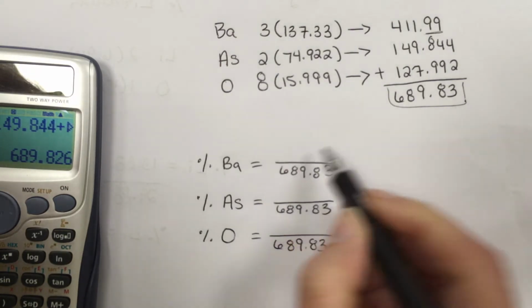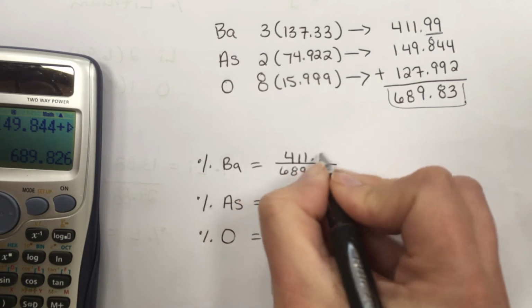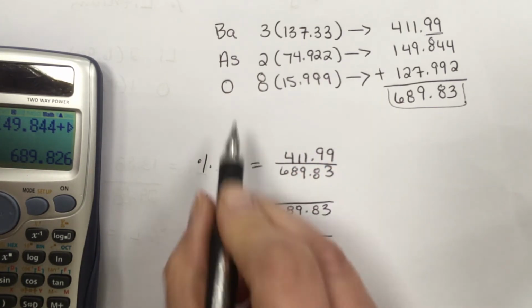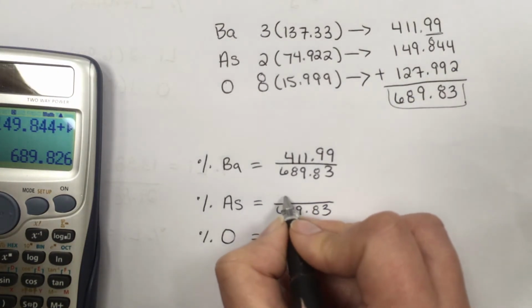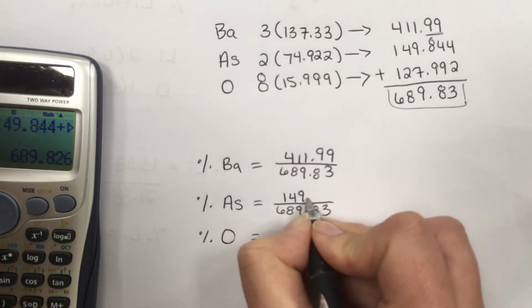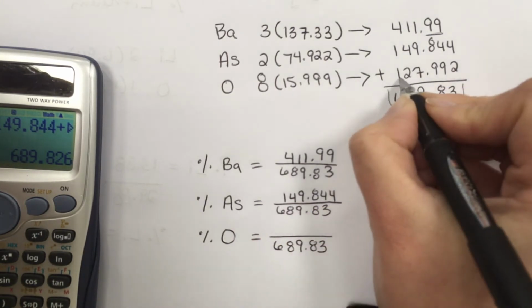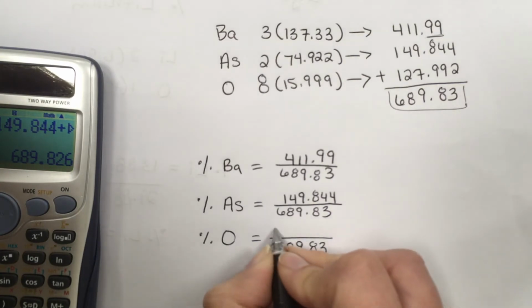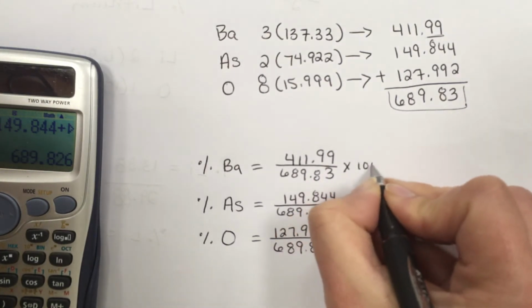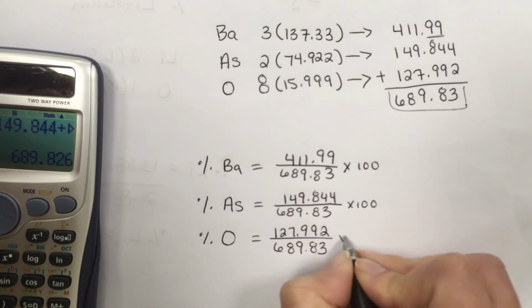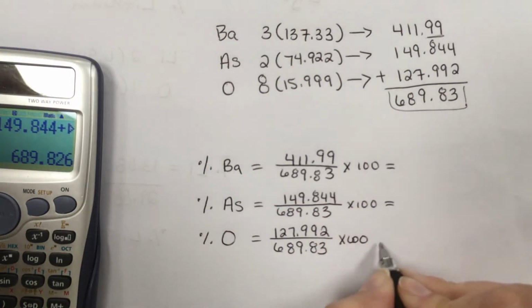Okay, and then we just take each of their respective masses, which this one is 411.99. Arsenic is 149.844. And oxygen is 127.992. And then of course we need to multiply by 100.